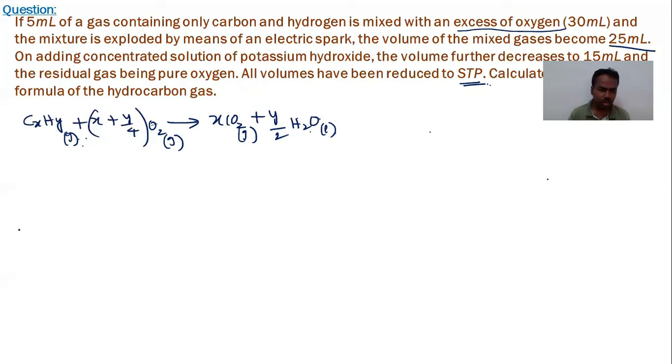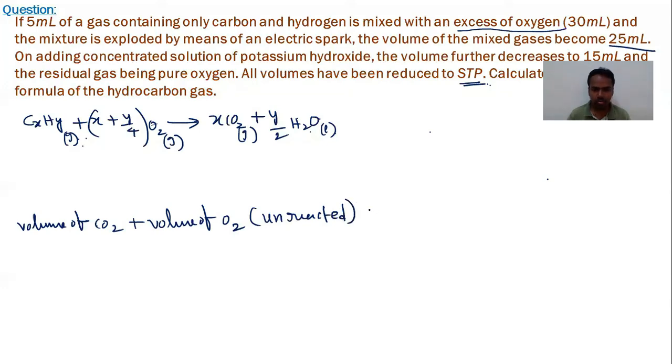So the volume of CO2 produced plus the volume of O2 (unreacted O2) is 25 ml.